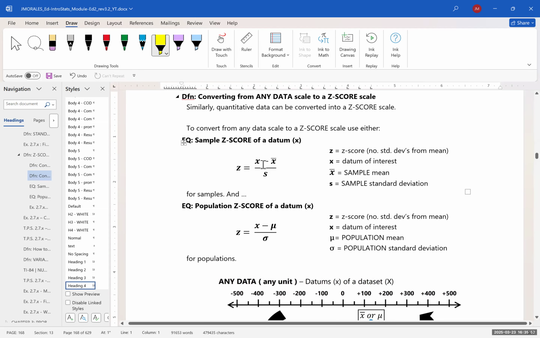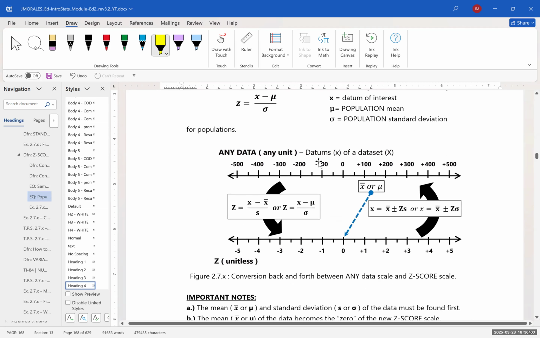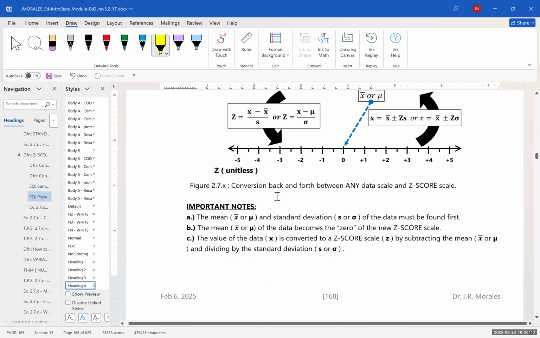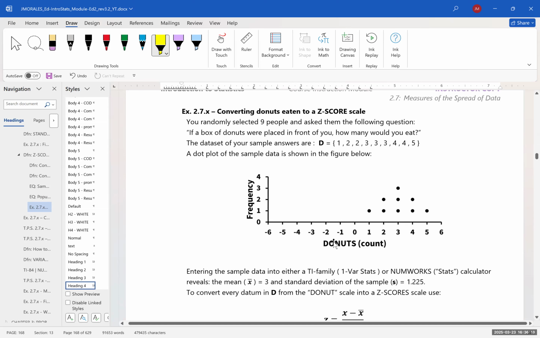And this is where we first talked about z-scores and converting from any data scale to a z-score scale. And so we can take data from one scale and convert it into a z-score using the formulas that I just showed you just recently. And I gave some examples here.